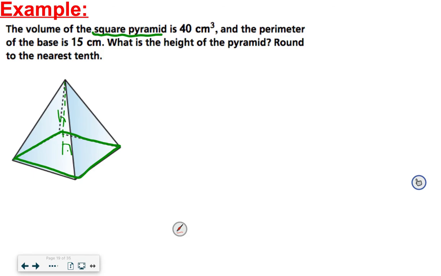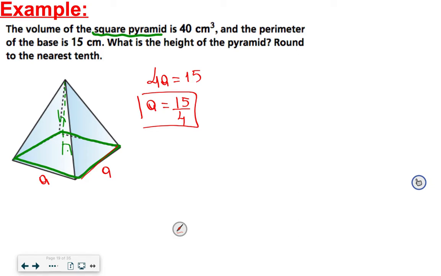If the base is a square and the perimeter is 15, and this side is A, then this side is A as well. So the perimeter of the base is 4A, which is going to be 15. A is going to be 15 over 4.